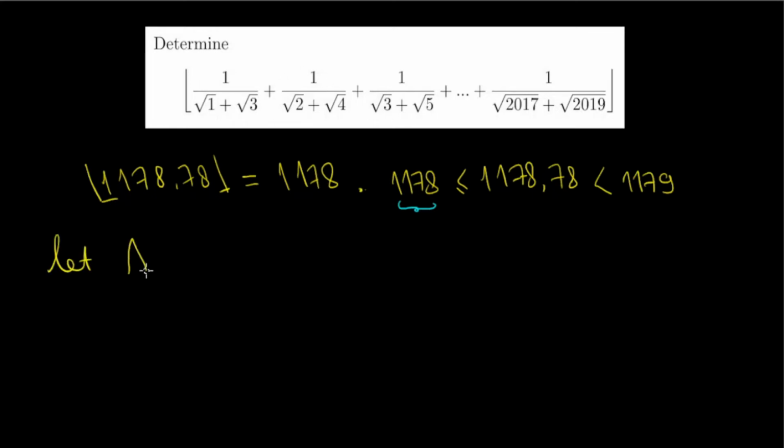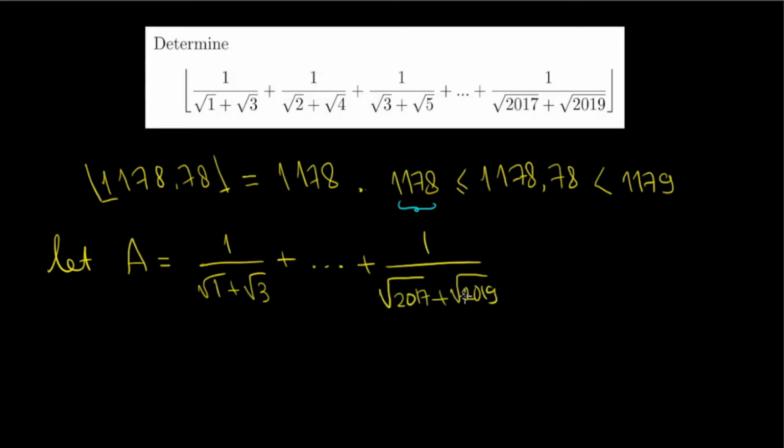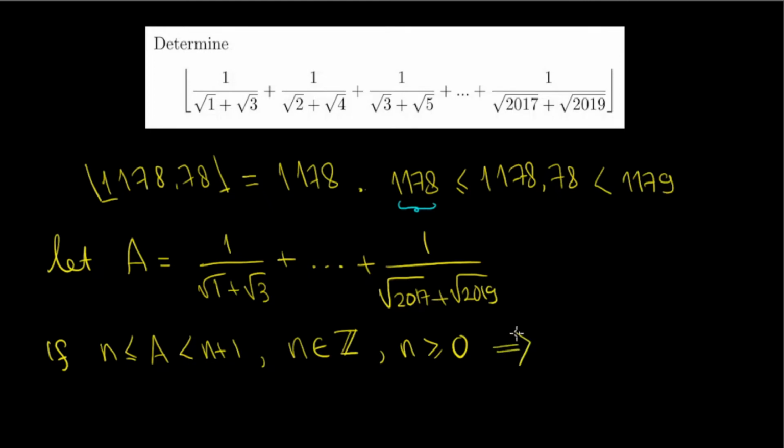So based on these facts, we now have a strategy to find the floor of the summation. I will let the summation be a, and if I can find two consecutive integers n and n plus 1 such that a is between those two numbers, then we can conclude that the floor of a is equal to n.